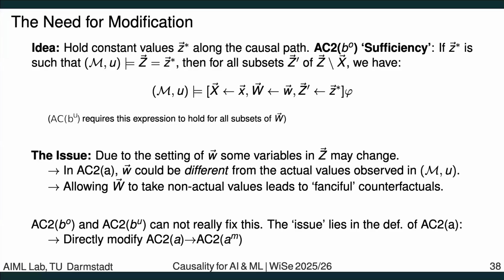We want to fix the actual causal path to the actually observed variables. And then we need to find a way to not have all the surrounding variables change or somehow influence the outcome from what we want to consider.